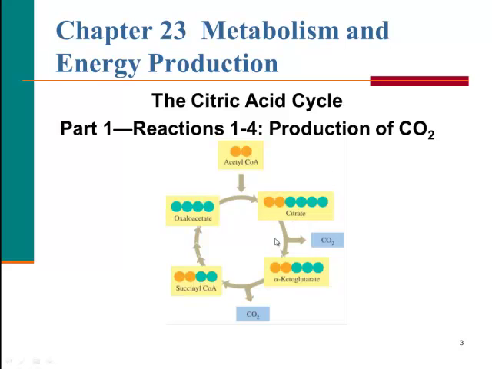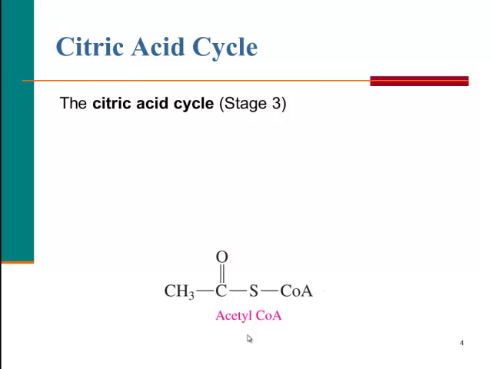We're going to go from citrate to a 5-carbon molecule alpha-ketoglutarate. We're going to do that by the loss or the production of carbon dioxide. And then we're going to go from a 5-carbon molecule to a 4-carbon molecule. Again, we're going to do that by the release of the last carbon dioxide from our pyruvate molecule. So the citric acid cycle begins with acetyl-CoA.